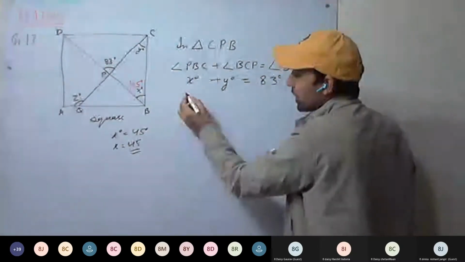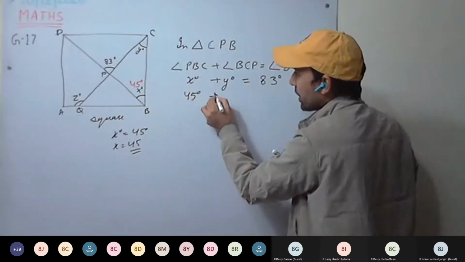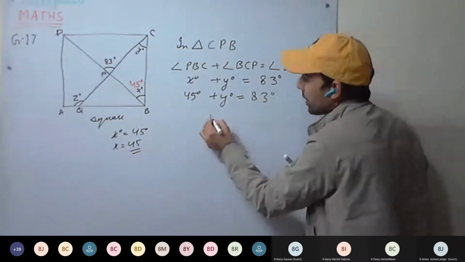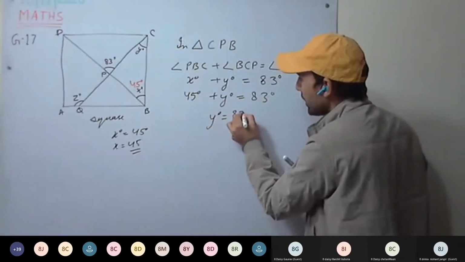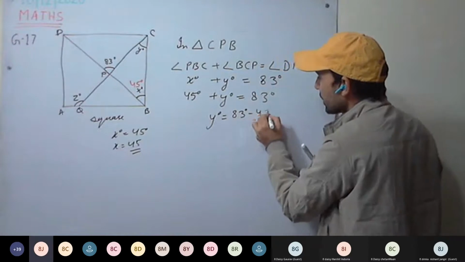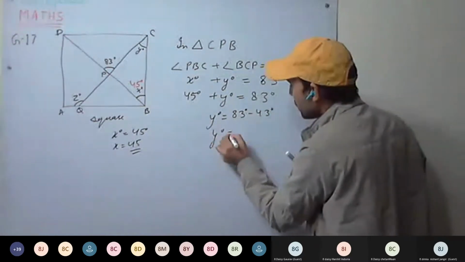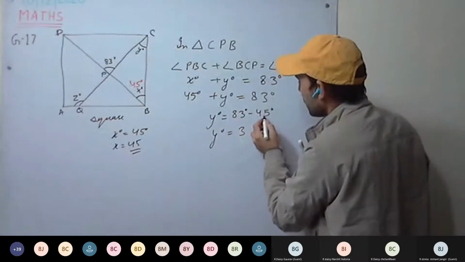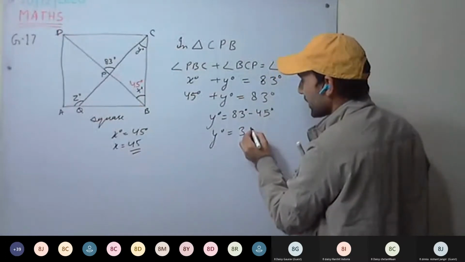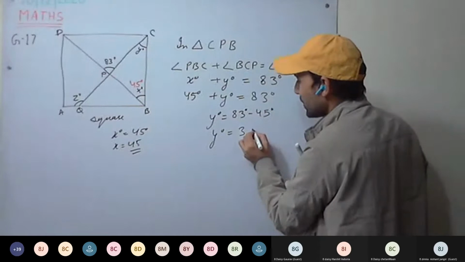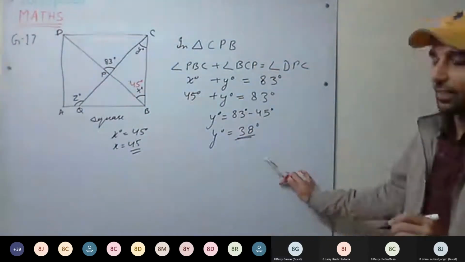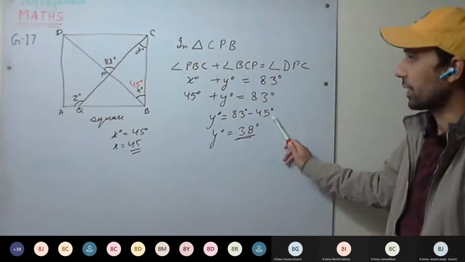X degree we already calculated, that is 45 degree plus Y degree equal to 83 degree. Now Y degree equal to 83 degree minus 45 degree, that is 38 degree.